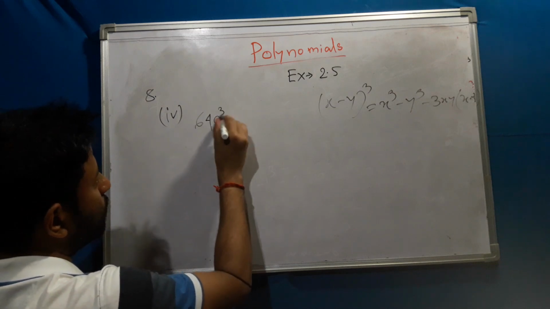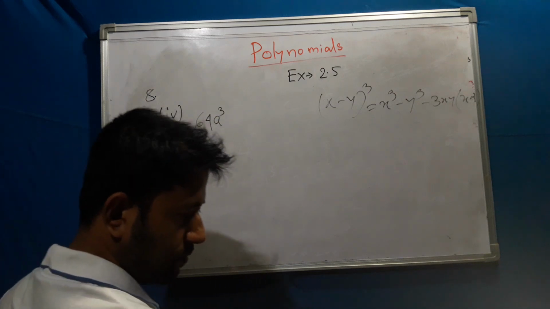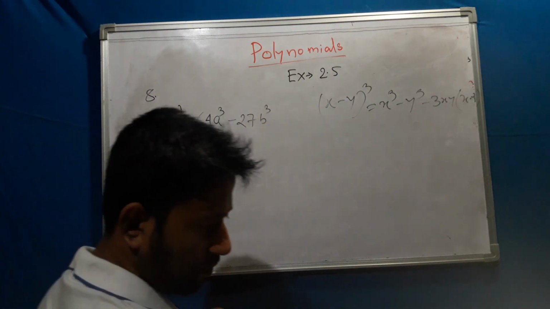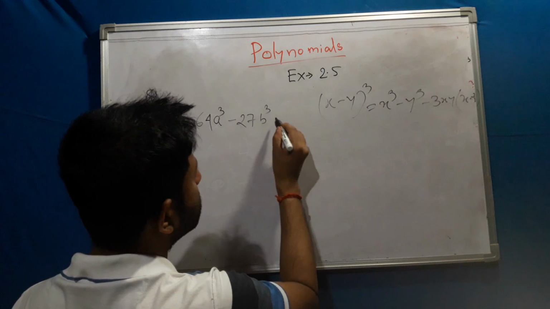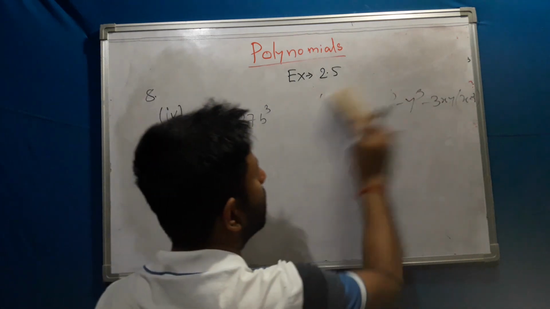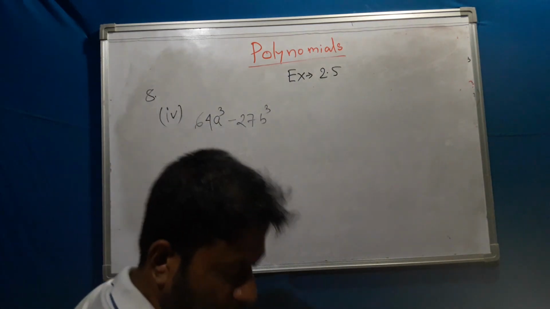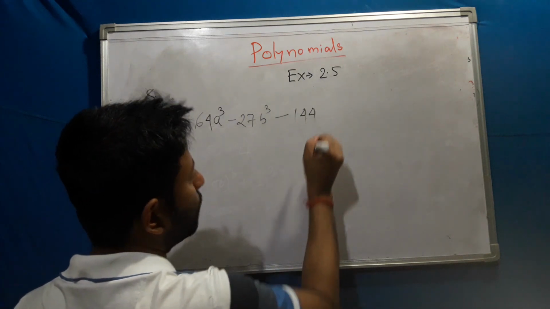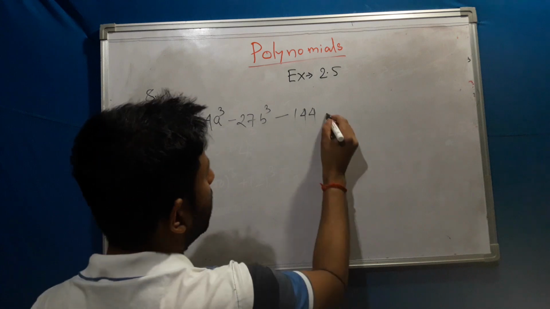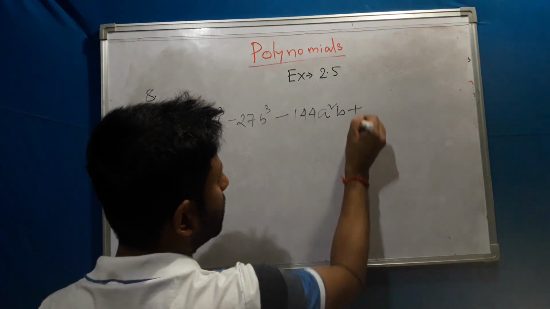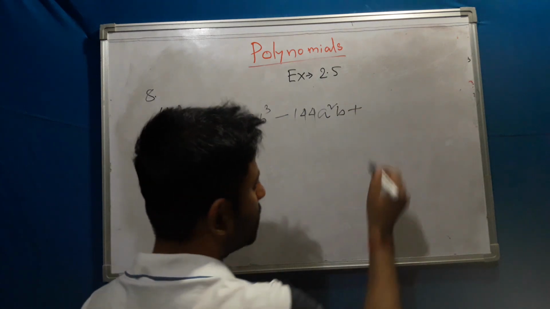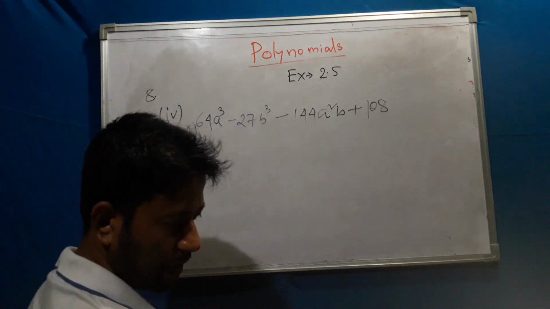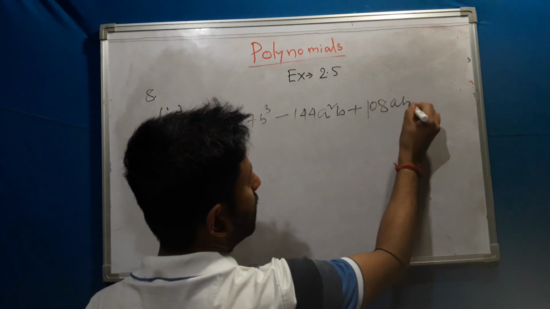64a cube minus 27b cube minus 144a square b plus 108ab square.